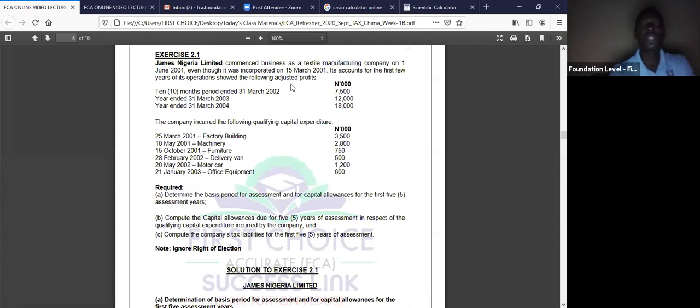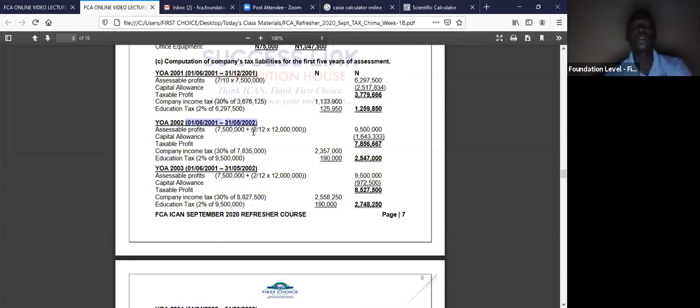So we need to take this 10 months and take 2 more months from the next one. That's what we did. We took our 10 months figure plus 2 months out of 12 of the next one. When we add them together, this is the figure we got.